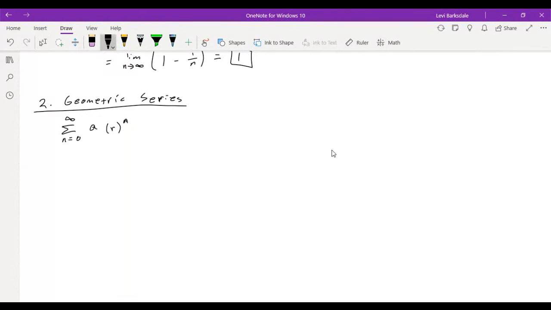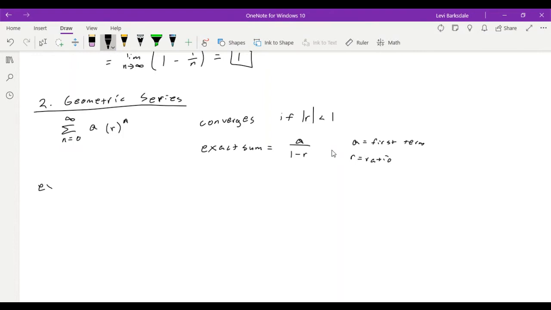And we say that it converges if the magnitude of r is smaller than 1. In fact, we can find the exact sum, and it is a over 1 minus r. And in this case, a is just your first term, and r is your ratio.